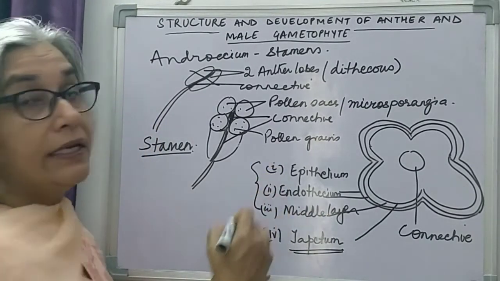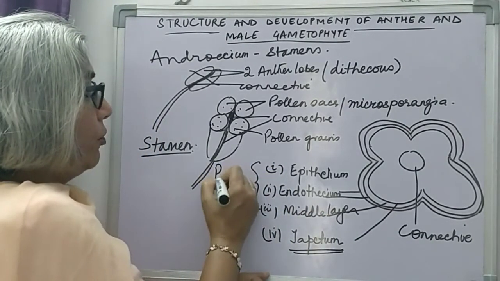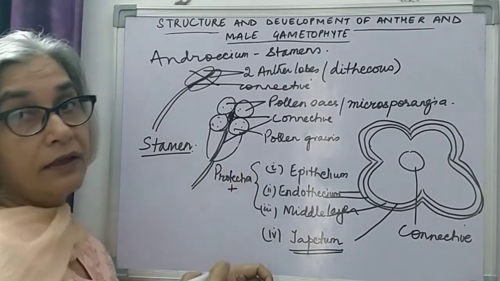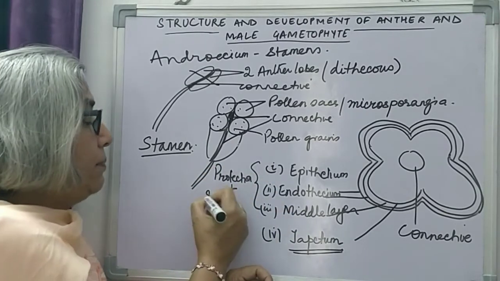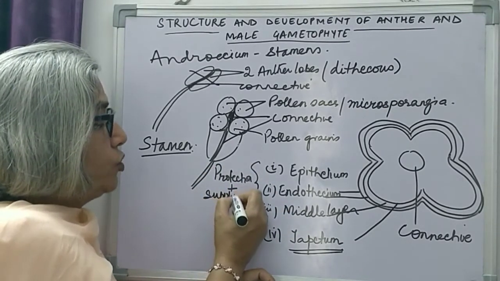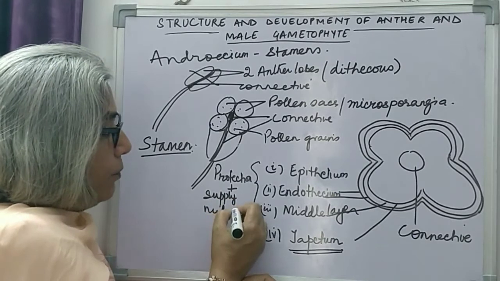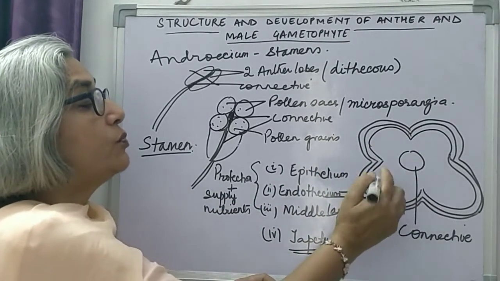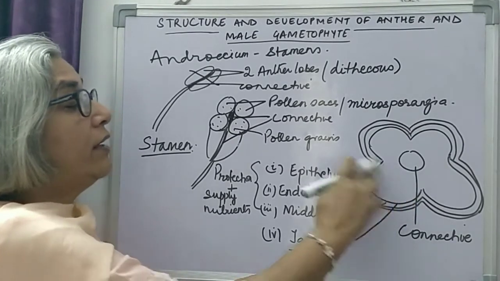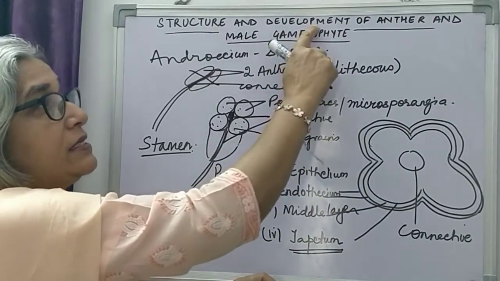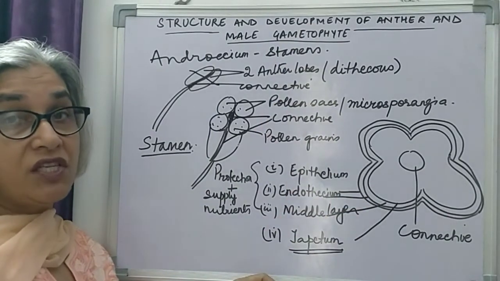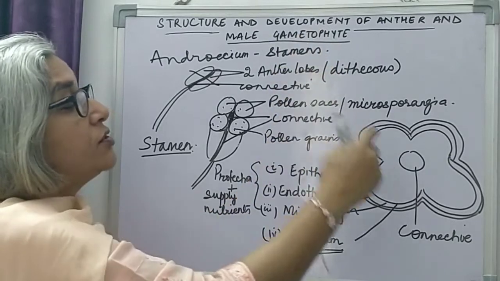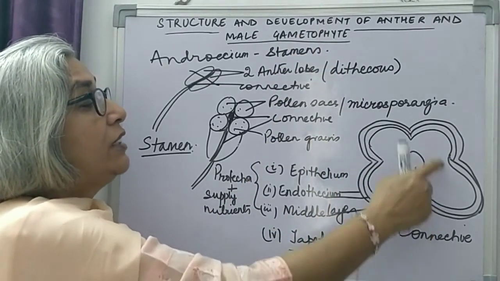These three layers are mainly for providing protection, and at the same time they supply nutrients to the developing pollen grains. Pollen grains are going to develop in each of these pollen sacs. How that development is going to take place, that I will explain just now. How the development of the male gametophyte, that is the pollen grains, takes place inside the pollen sacs.